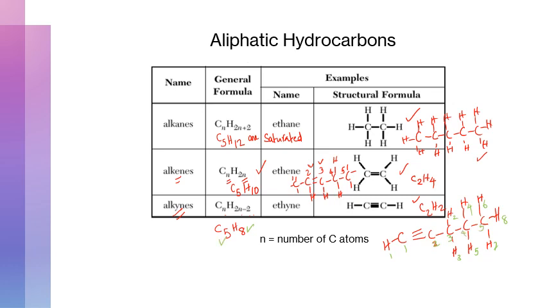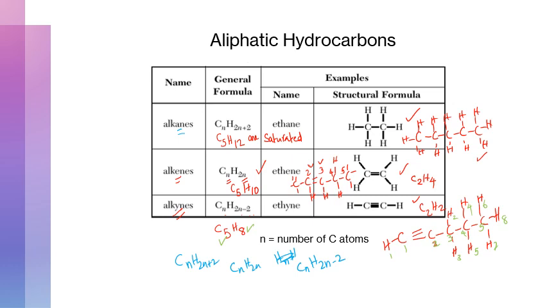So that's how we can identify whether a given compound is an alkane, alkene, or alkyne using the formula. It's easy to remember. The first one starts with CnH2n plus 2, more hydrogens in the case of alkane, then CnH2n, and then we subtract, as the number of hydrogen atoms decreases.